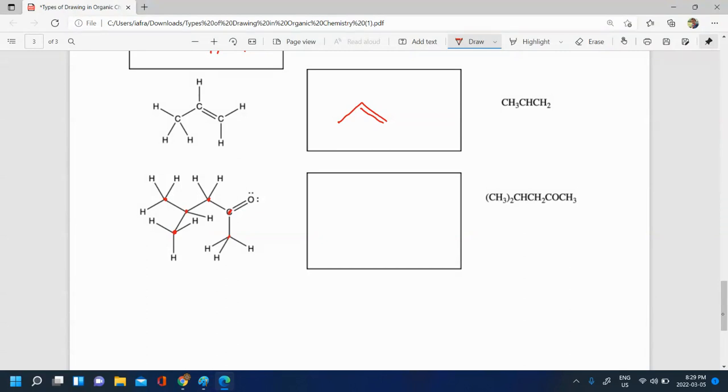So I'll start off by drawing from here, and I'll make my way all the way down to here, and then I'll add a branch after. So there's 1, 2, 3, 4, 5 carbons in that main region I just drew.